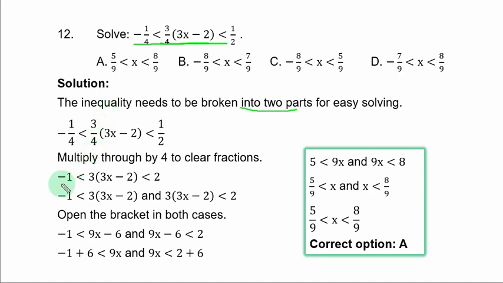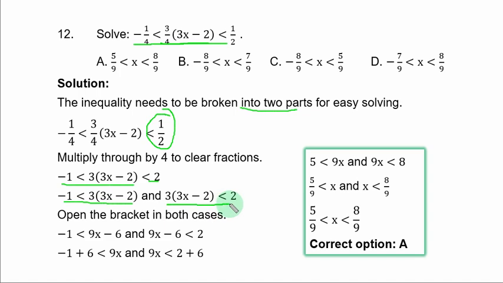So you have minus 1 less than 3 bracket open 3s minus 2 bracket close. If you multiply this term by 4, 4 divided by 2 is 2, and 2 times 1 you have 2. So we have to split it: first term and second term, then second term and third term.